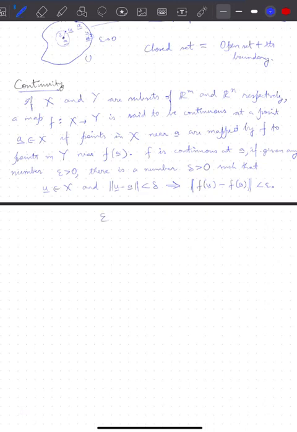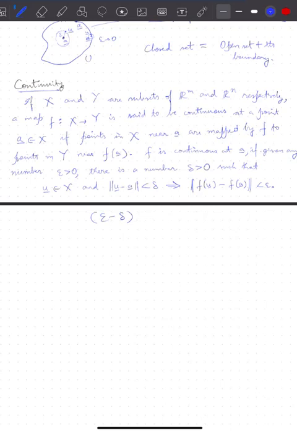This we often call the epsilon delta inequality, or just the epsilon delta relationship. That's how we define a proof for continuity.